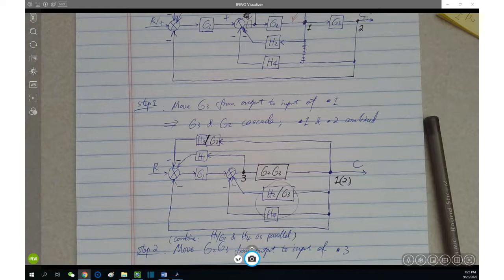No. Negative is applied to the signal rather than the transfer function. In other words, negative is applied onto the output signal of the transfer function you're talking about. It's applied onto the signal rather than the transfer function.